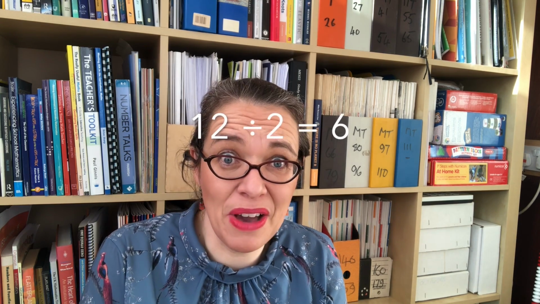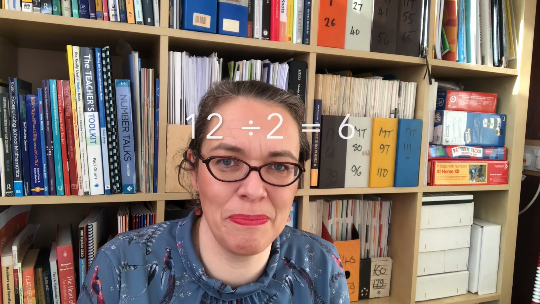Another one would be, got 12 sweets shared fairly between 2 people. How many sweets does each person get? Another division problem. Now they were actually 2 very different structures of division. They were both the division 12 divided by 2 equals 6, but there were very different things going on.